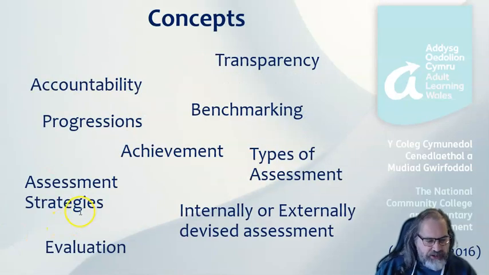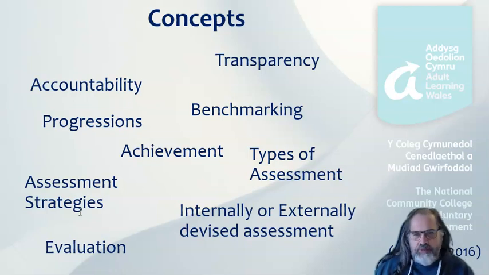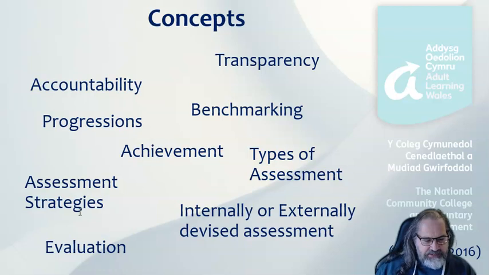some of these concepts. So we've got accountability, transparency, progression, benchmarking, achievement, types of assessment, strategies, evaluation, internally and externally devised. So accountability is that we need to be accountable to the learners and to the organisation, and to make sure that we're carrying out our role as an assessor fairly.